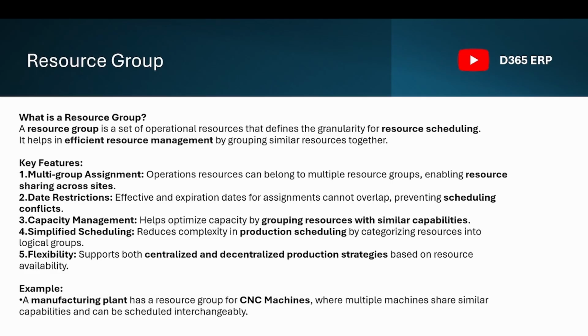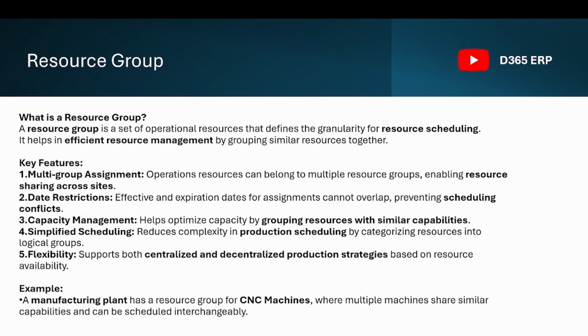Let me explain. So let's say in our production, we are manufacturing a chair. In that, 4 resources are required. Let's say first is assembling, an assembly controller. Next is cutting and the cutting operation worker. So these 4 resources are required to manufacture a chair.